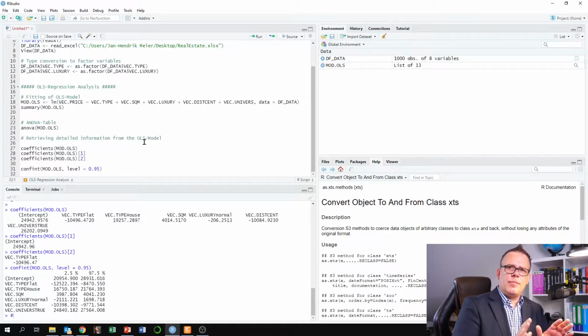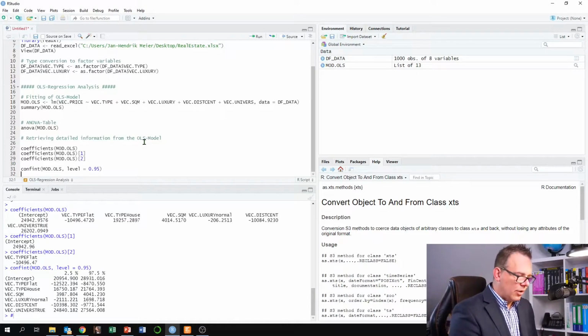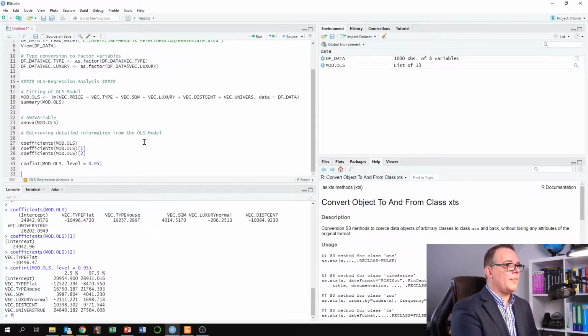That might be quite important because we have this discussion in econometrics whether the p-value is still the valid result or if we should better show effects or confidence intervals. So here are the confidence intervals.